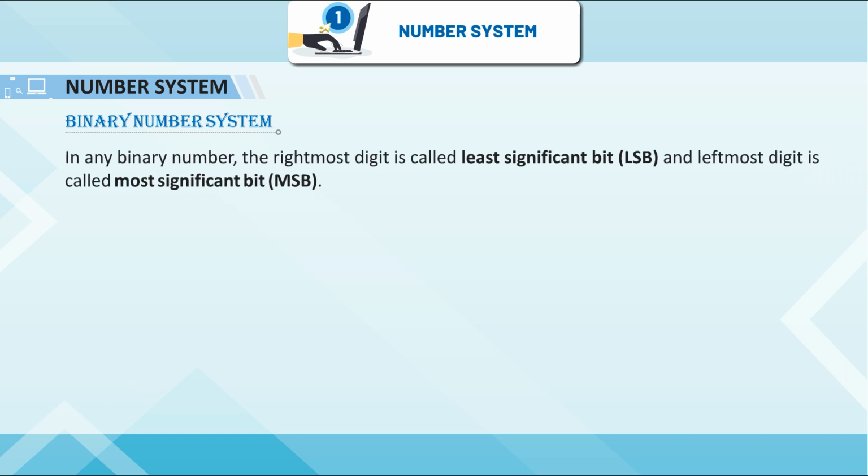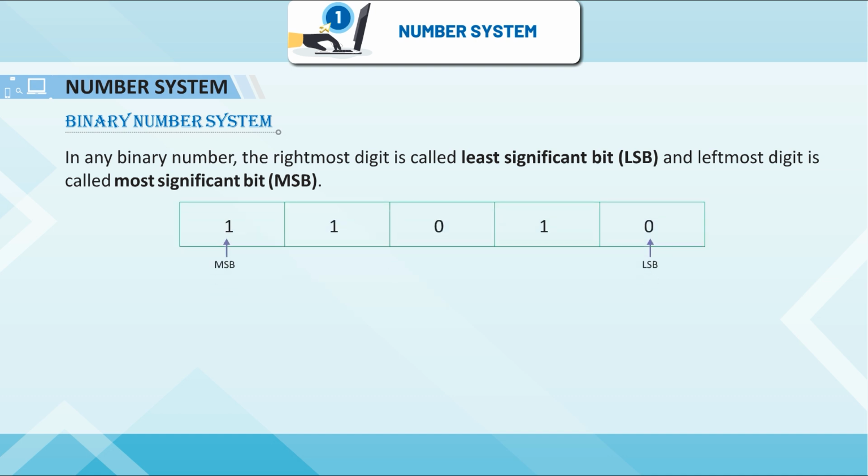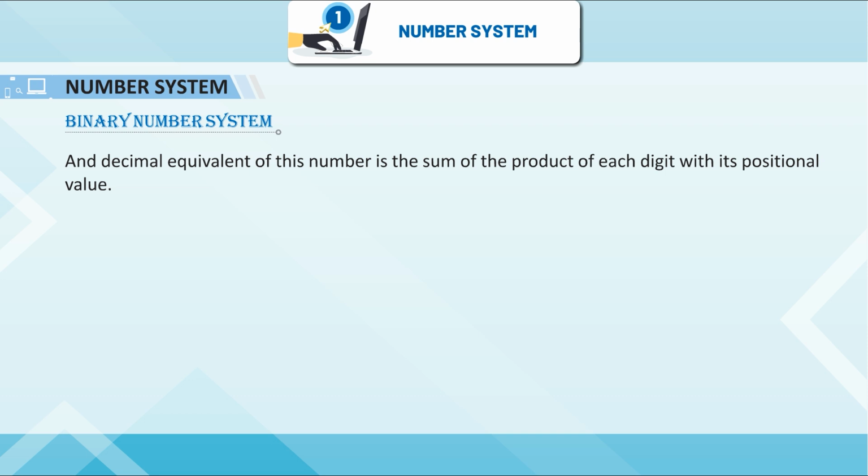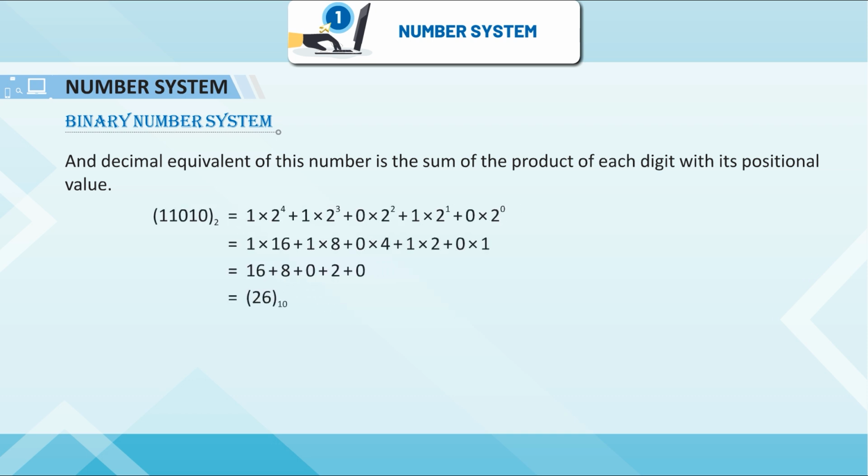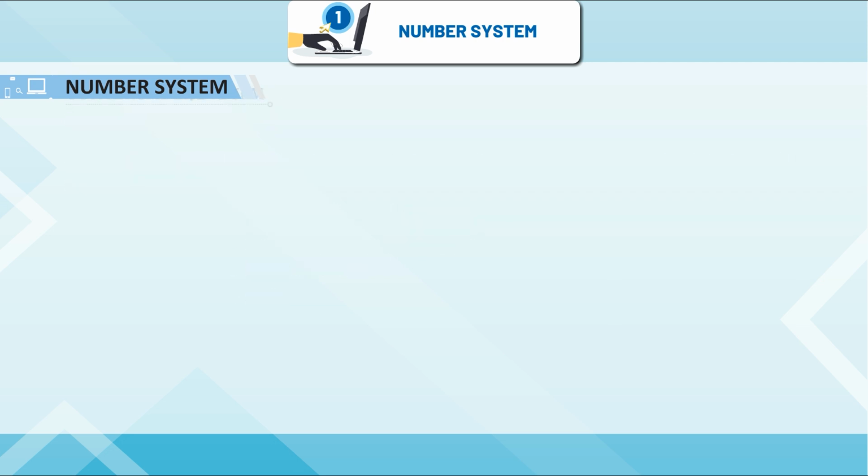In any binary number, the rightmost digit is called least significant bit, LSB, and the leftmost digit is called most significant bit, MSB. Take 11010. The decimal equivalent of this number is the sum of the product of each digit with its positional value. 11010 with base 2 equals 26 with base 10.